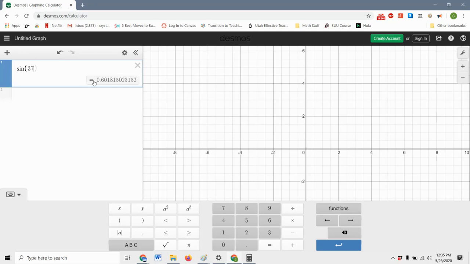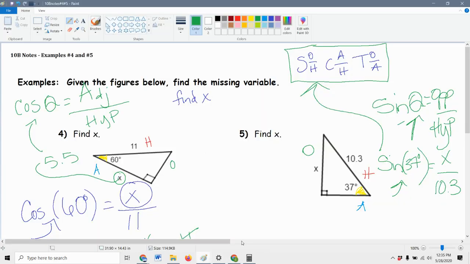We'll just leave that 0 alone. 0.60 is the value for the sine of 37. So we'll now say that sine of 37 is 0.60, and that's equal to x over 10.3 still.